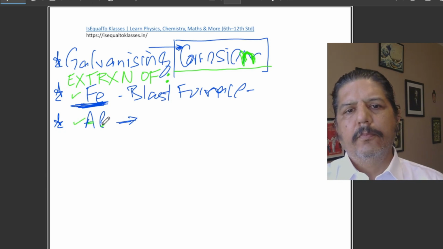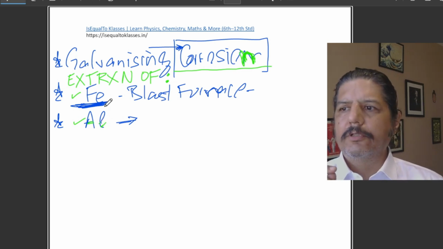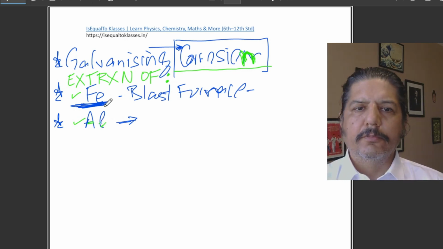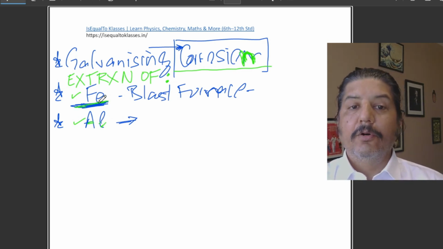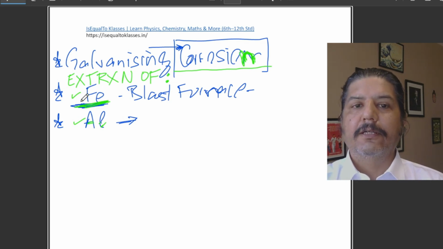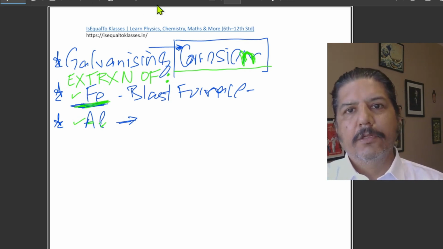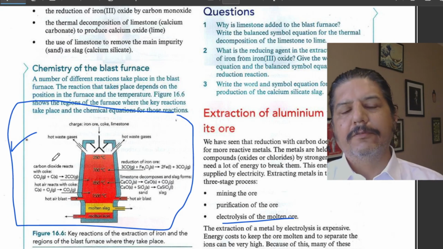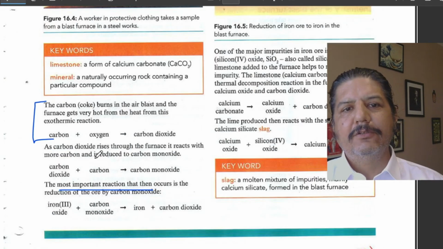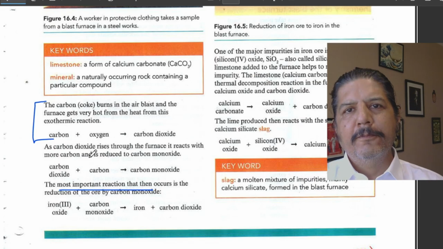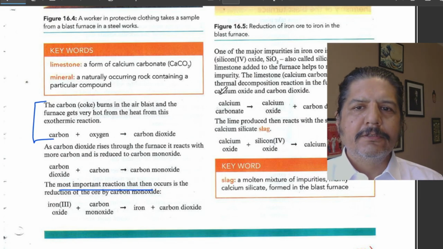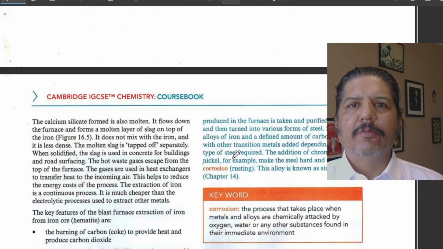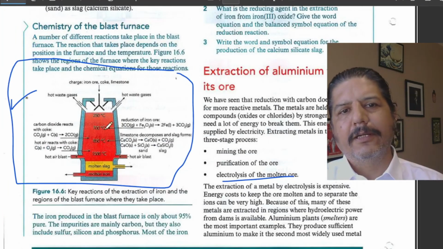Few of the students find difficulty in remembering all the equations that are there in the extraction of iron. So if you look at your textbook, you will have this kind of diagram, and there'll be a series of equations. Few of the students get very overwhelmed when they see a diagram like this.